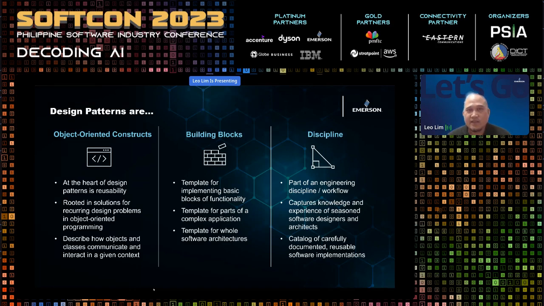And you will see later on, I put the references at the end of this presentation. There's books around design patterns, machine learning design patterns, and there are tons of articles out there on the web that you can refer to. But basically, those are what design patterns are for me. So they're really practice. It's a discipline.